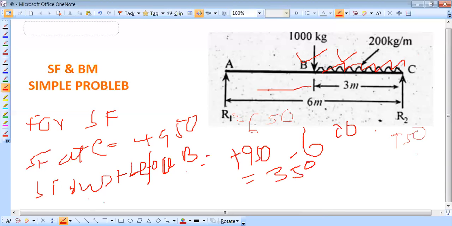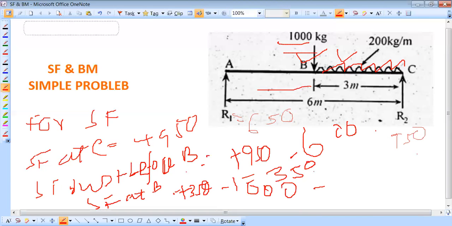After that, SF at B is plus 350 minus this force, which is 1000, that means minus 650. And again another point, SF at A is 650, as we have already found. So this value and this value must be equal but opposite.